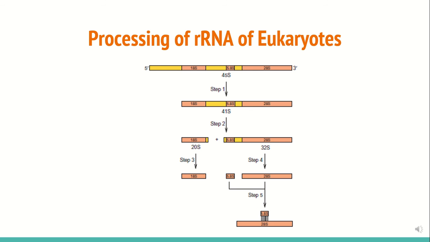In step 4, the 32S precursor is cut to liberate the 5.8S and 28S rRNAs. Lastly, in step 5, the 5.8S and 28S rRNAs associate by base pairing.